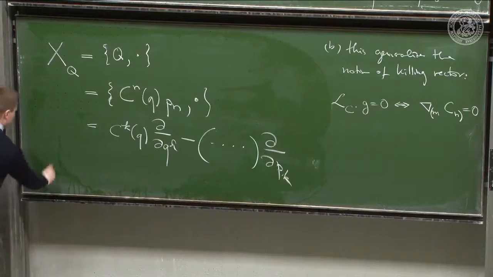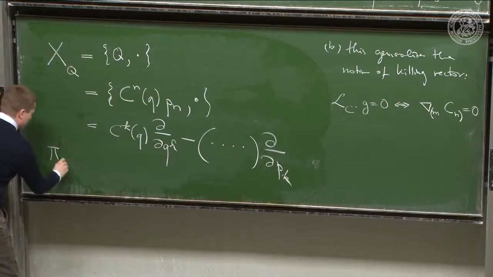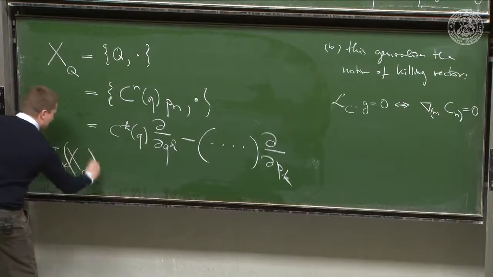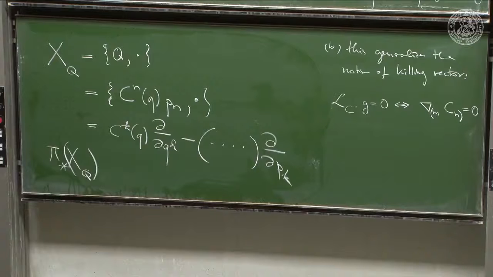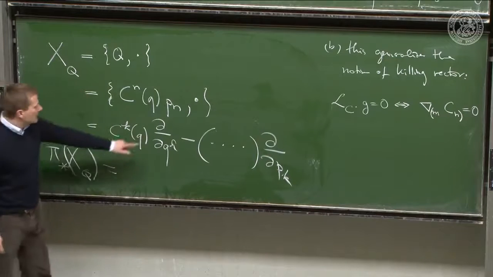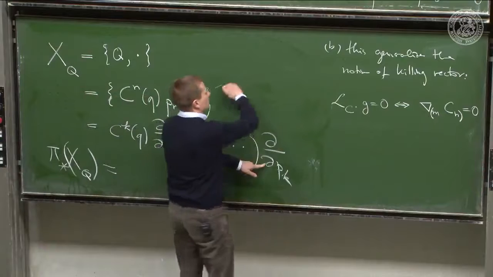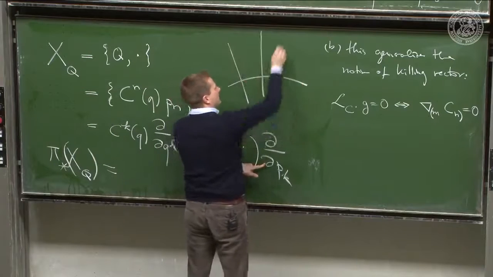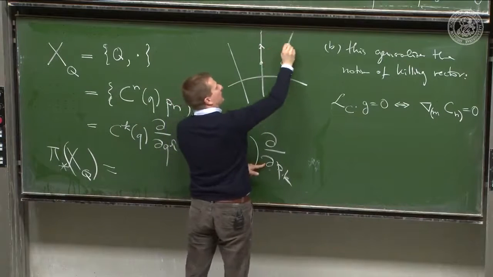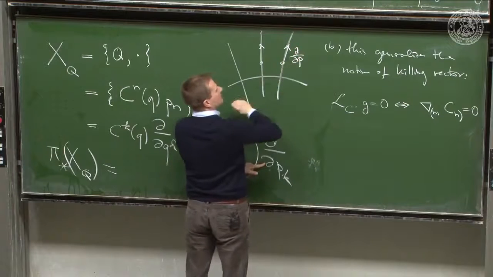But now we want to check whether the push forward of this xq exists in the first place. Well, what's the push forward? These tangent vectors, if you have the bundle and these are the fibers, are always in the direction of the fibers. These are the d by dp's.